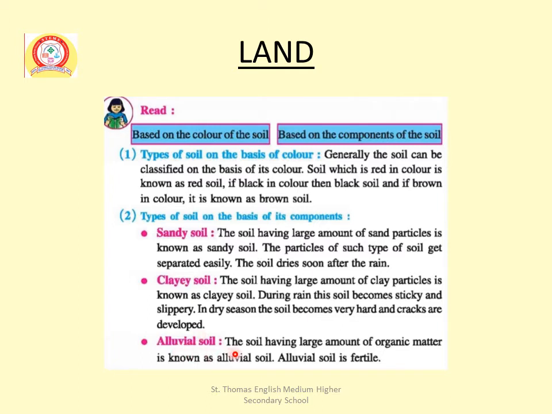Alluvial soil. The soil having a large amount of organic matter is known as alluvial soil. So alluvial soil is fertile. So these are three types of soil on the basis of its components.